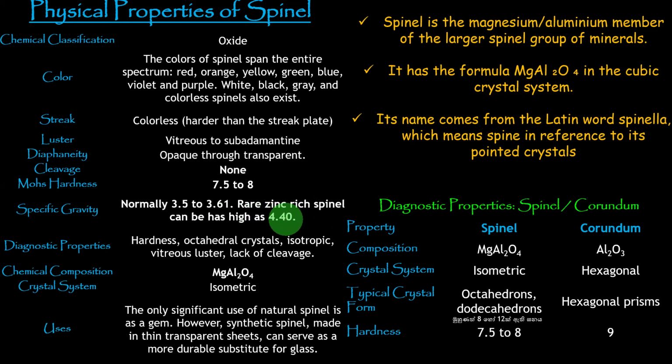It is different. Diagnostic properties: hardness, octahedral crystals with 8 sides, isotropic, vitreous luster, lack of cleavage. Chemical composition is magnesium aluminum oxide, that means magnesium aluminate. The crystal system is isometric.